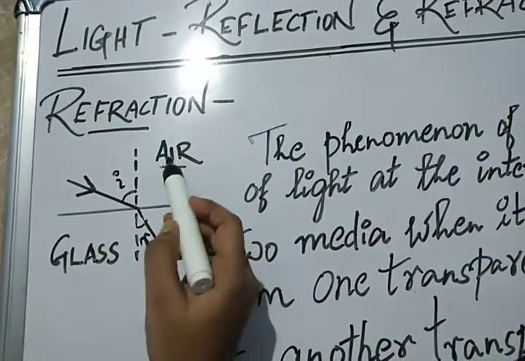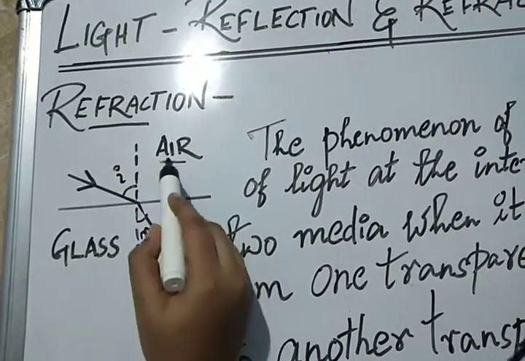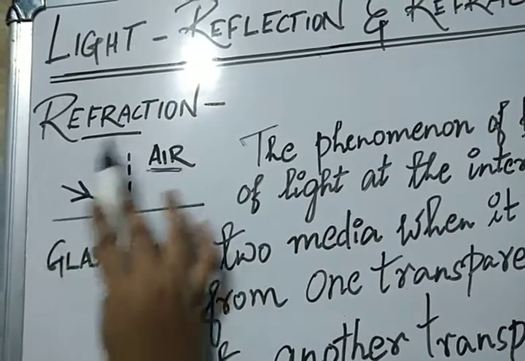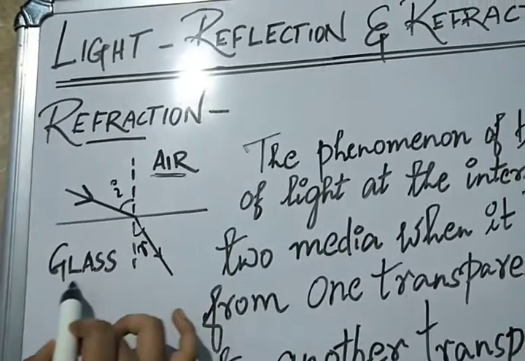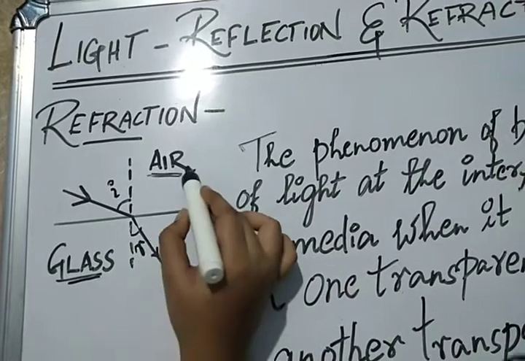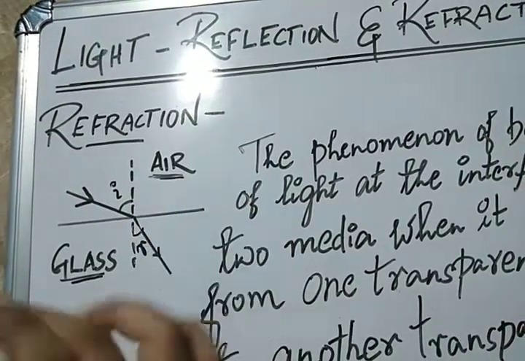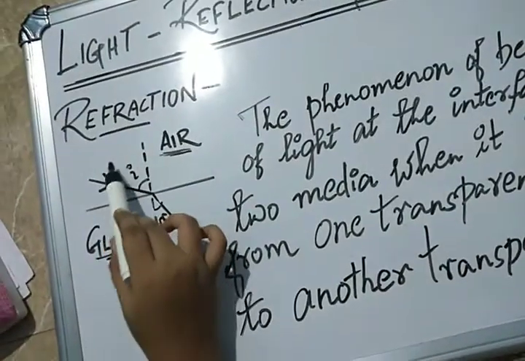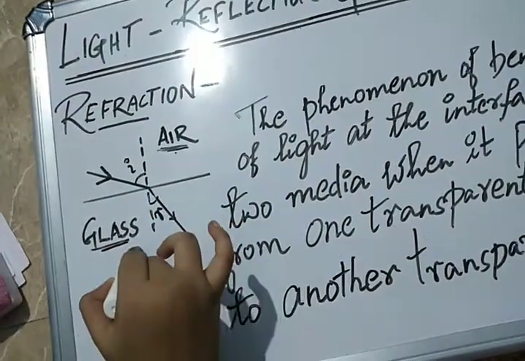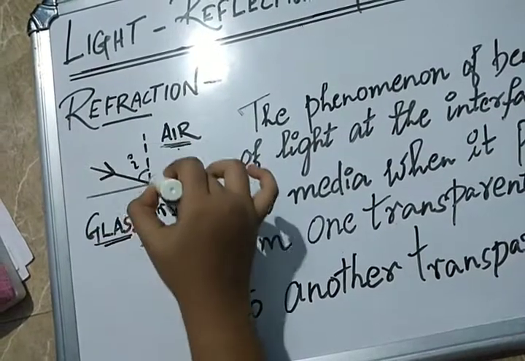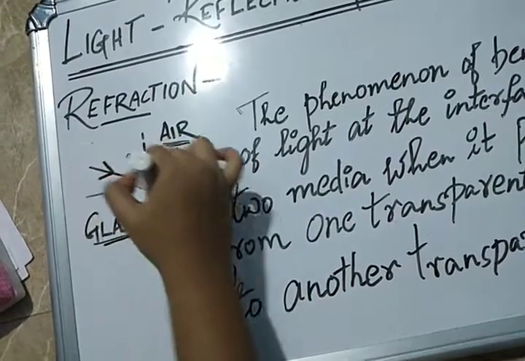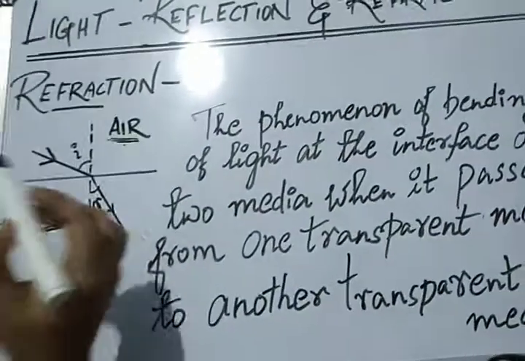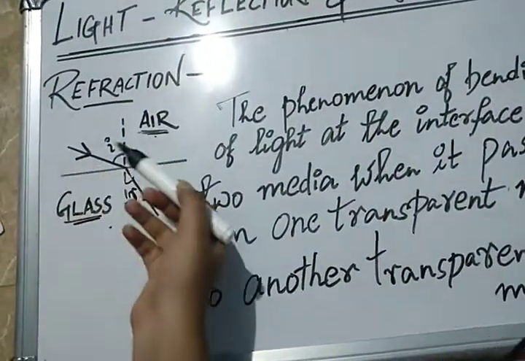This medium is air, and this medium is your glass. Medium 1 air, medium 2 glass. When light travels from one medium to another medium, its direction changes, and this phenomenon is known as refraction.